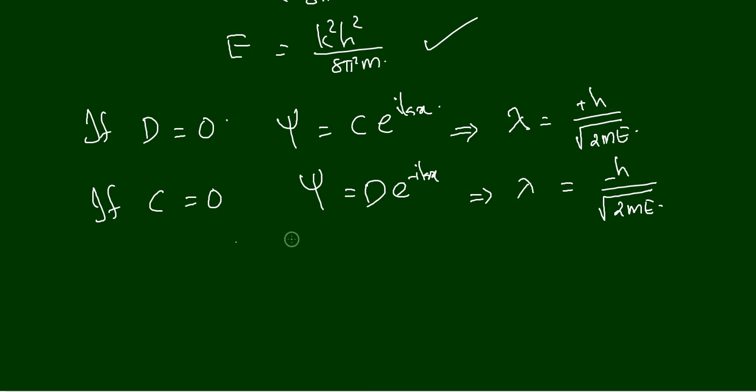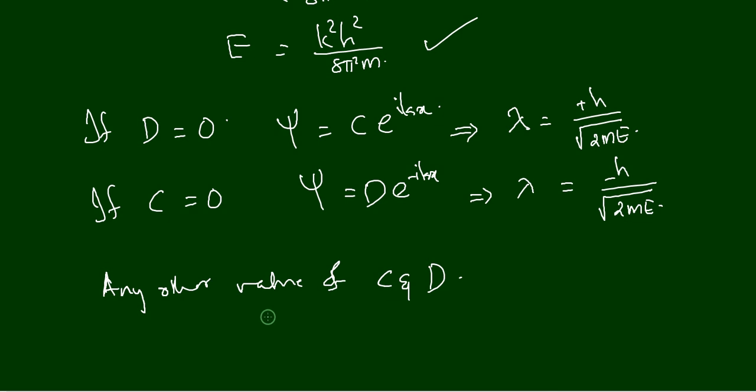And if the second one is the state of the system, then the particle is a wave in the minus x direction. And for any other values of c and d, the particle will be a superposition of both waves, means a superposition of a wave in the plus x direction and a wave in the minus x direction. Okay, that is the nature of this microscopic particle.